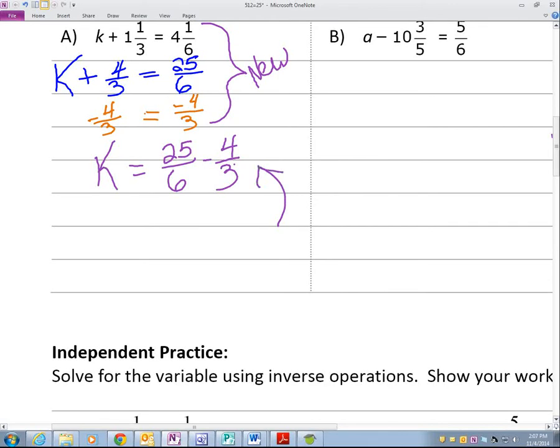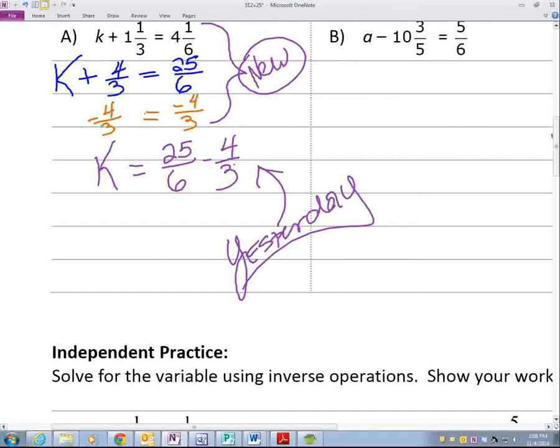This part here was yesterday. But this part up here really isn't that new. We've done it the last 2 Tuesdays in a row. This is the 3rd Tuesday in a row we've done it. Just imagine, rather than these being fractions, last Tuesday, these were decimals. 2 Tuesdays ago, they were integers.